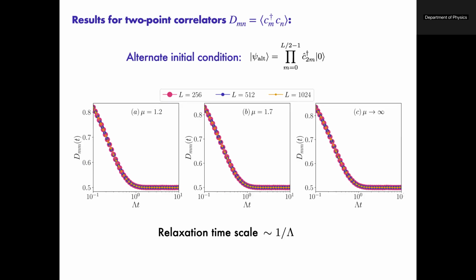If you take that as an initial condition and look at a particular site, here I'm looking at a site where there is one particle initially, and it should eventually go to half, because ultimately at a long time it should become homogeneous. There is no reason it should not. So it goes from 1 to half, and it relaxes in a time scale 1 by lambda, where lambda was the diffusion constant.